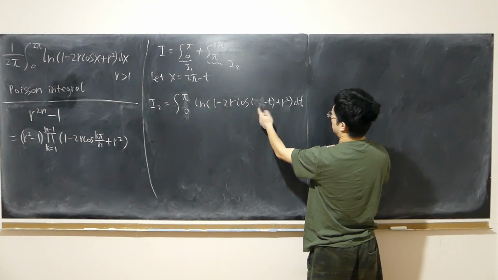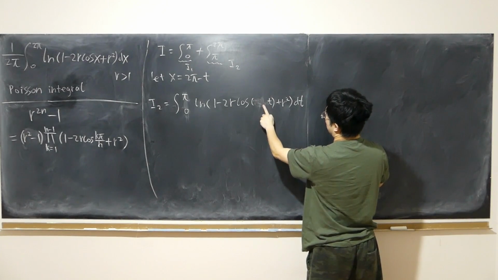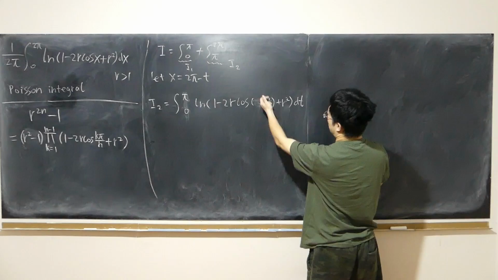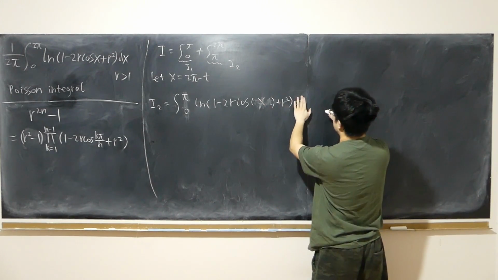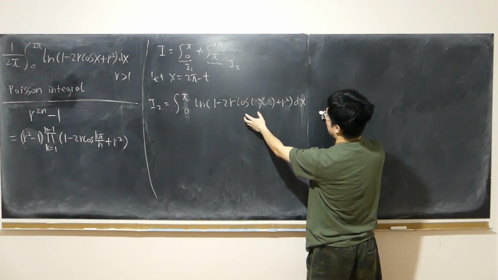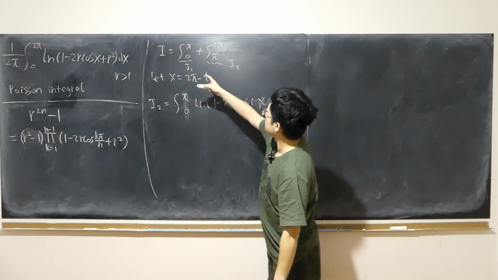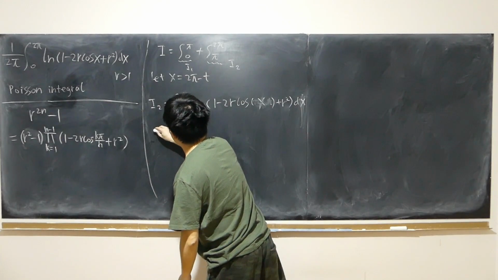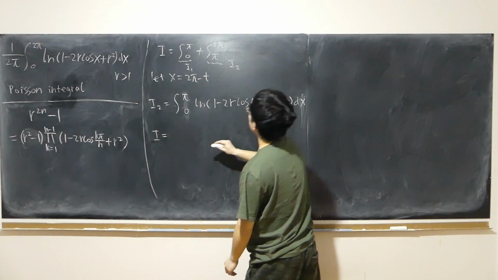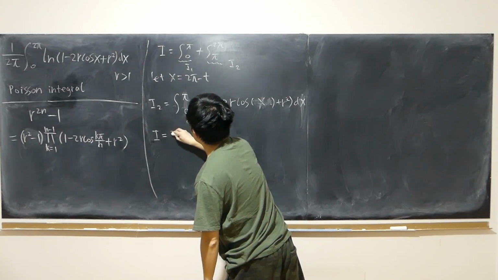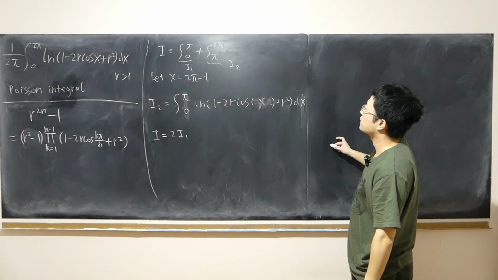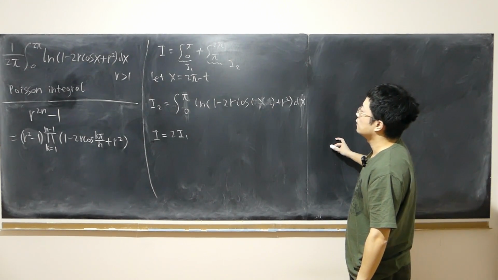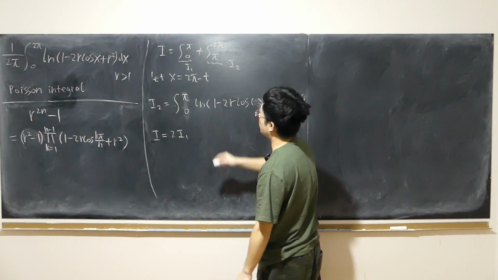Cosine of minus t equals cosine t because it's an even function. Change t into x: cosine x dx, exactly the same as I1. So in fact, I is equal to twice I1. All I need to do is work out I1.